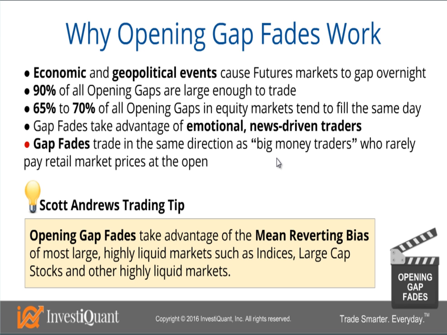Big money, even if the news is legitimate, these big money traders, think Goldman, they'll lose their jobs if they chase a big gap, right? They get paid to buy value. So even if it's legitimately good news that could have a huge impact on the market long term, big money's not going to buy that big gap up that was created on low volume.